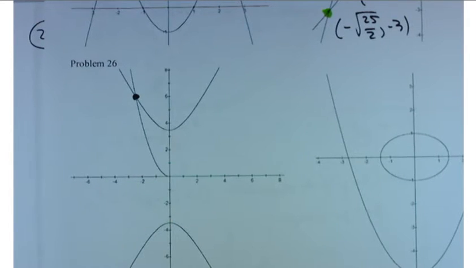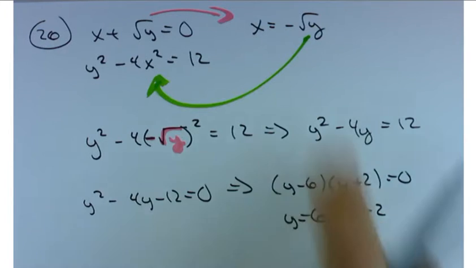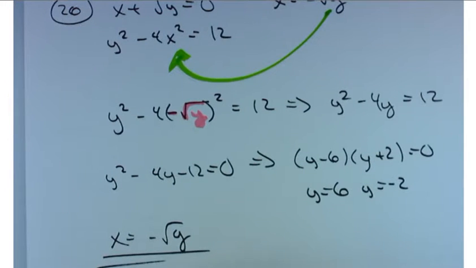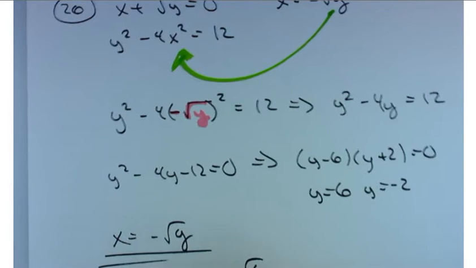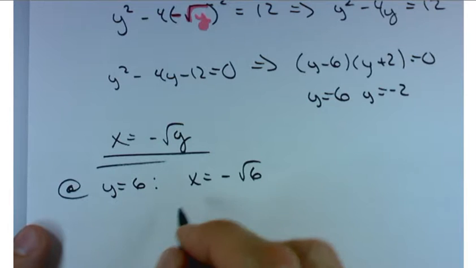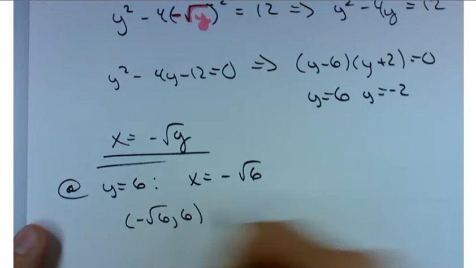So let's see. We get y is 6 or y is negative 2. We should use these values to find x. So x equals negative the square root of y. So at y equals 6, we end up with x is negative the square root of 6. Okay, so that's one solution. So negative root 6 and 6.